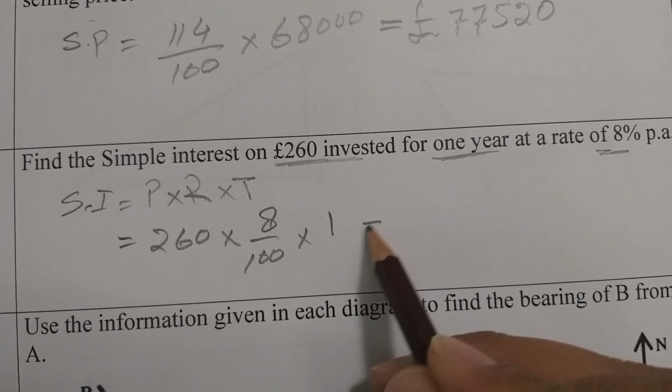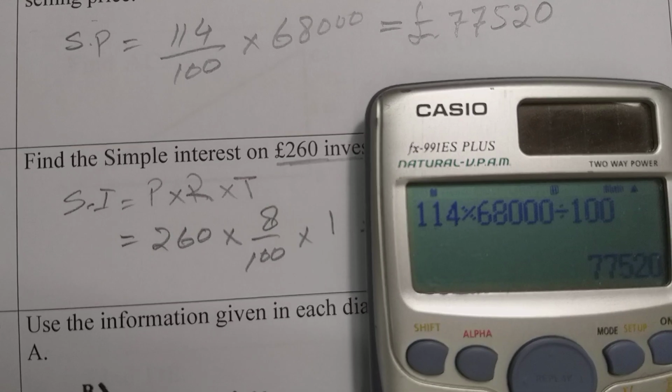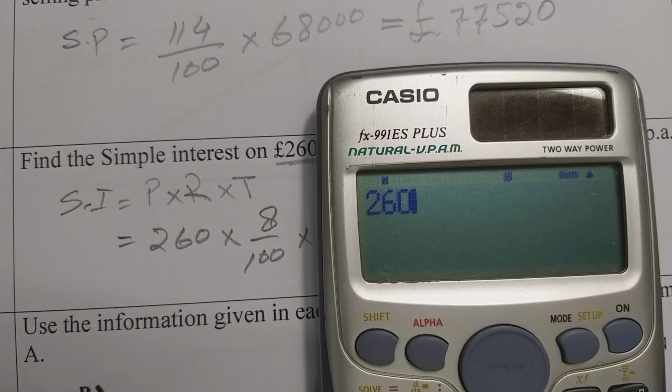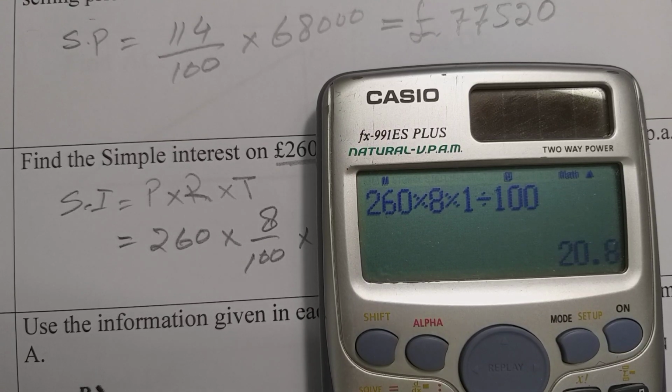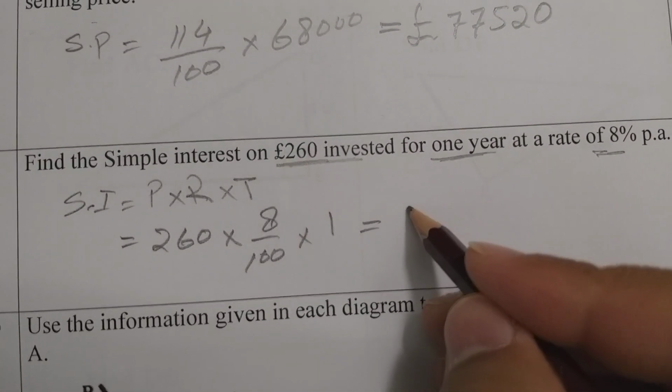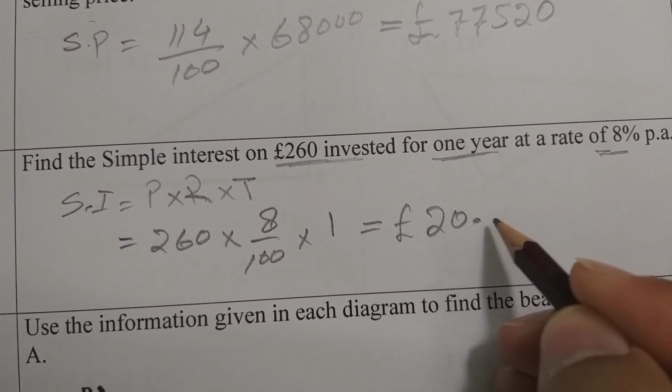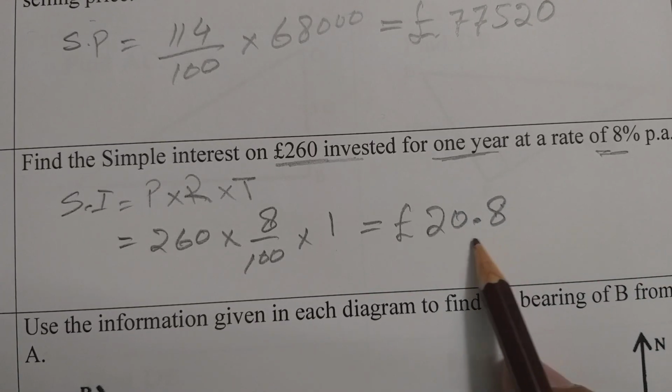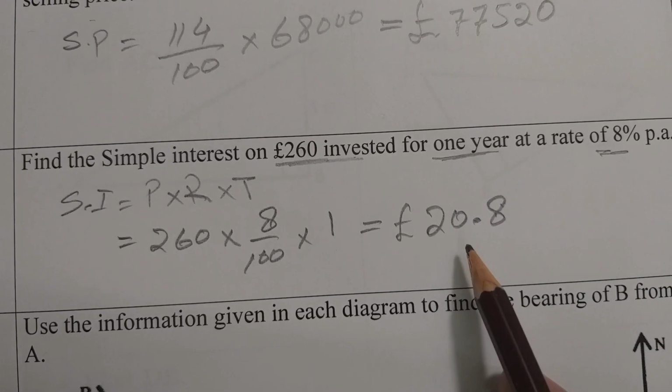Simplify it and you will find the answer: 260 times 8 times 1 divided by 100. It becomes 20.8 pounds. So 20.8 pounds is the simple interest.